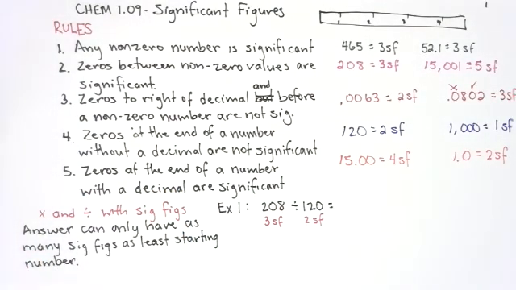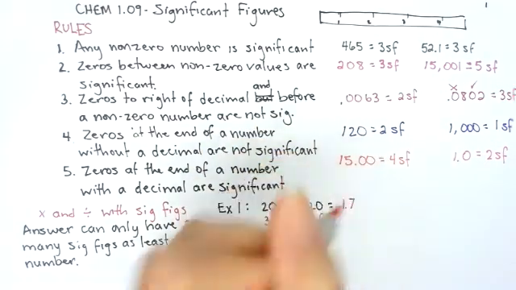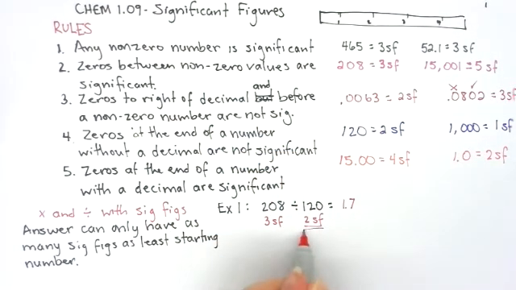So even though my calculator says 1.7333, I'm going to write this answer as 1.7 because that's 2 sig figs and I'm only allowed to have 2. That's my least number.